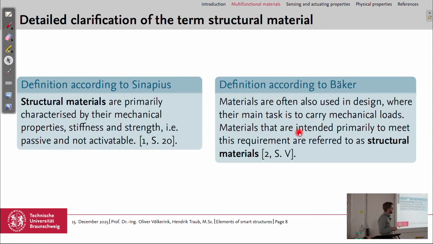So materials that are intended primarily to meet these requirements are referred to as structural materials. So structural materials are really the materials to build load-carrying structures and are characterized by their mechanical properties.